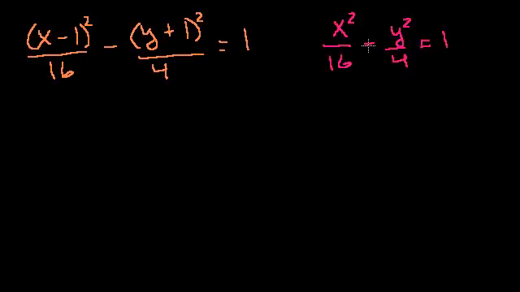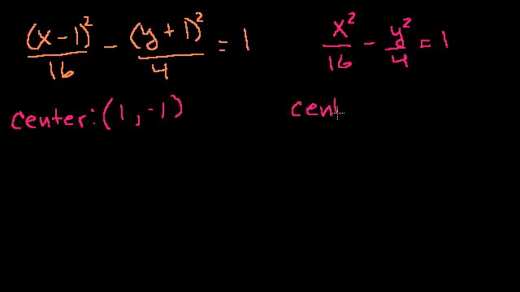And the difference between this hyperbola and this hyperbola, the center of this hyperbola is at the point x is equal to 1, y is equal to minus 1. And the way to think about it is x equals 1 makes this whole term 0, and so that's why it's the center. And y equal to minus 1 makes this whole term 0. And on here, of course, the center is the origin.